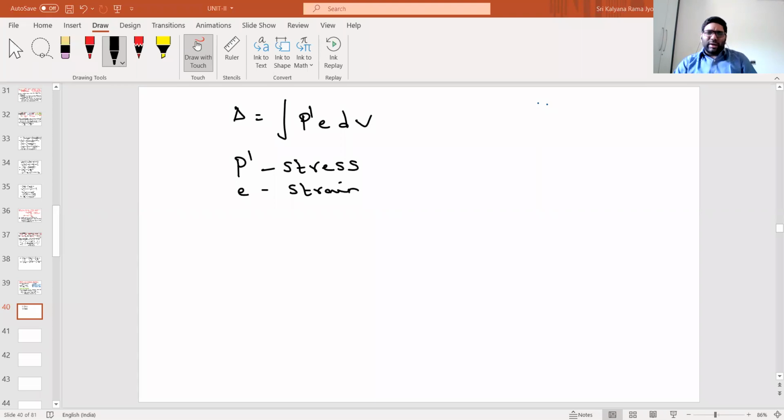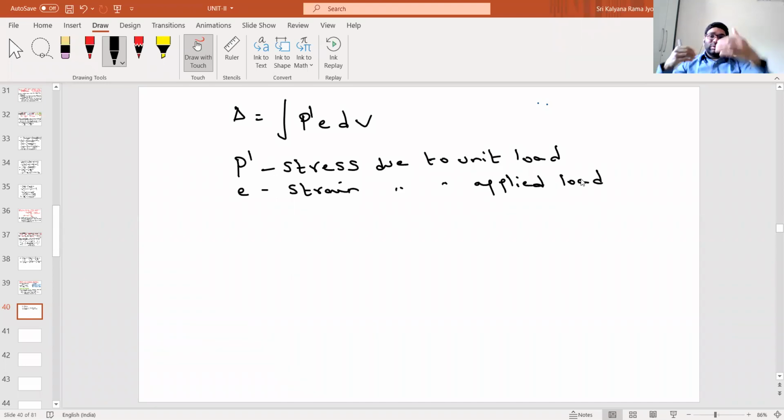At a point, due to unit load, let us consider, because we are trying to use the unit load concept, let us say that p dash is the stress due to unit load, but the strain is due to the applied load. There's a question: why is the stress considered for the unit load and the strain for the applied load?